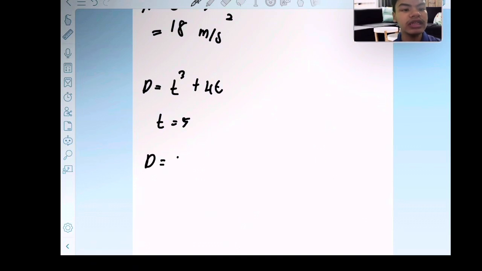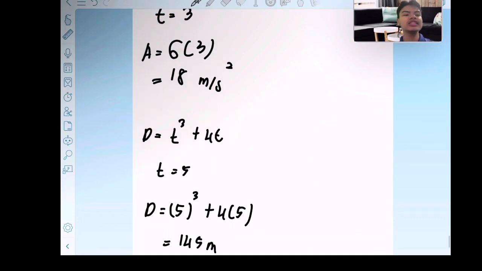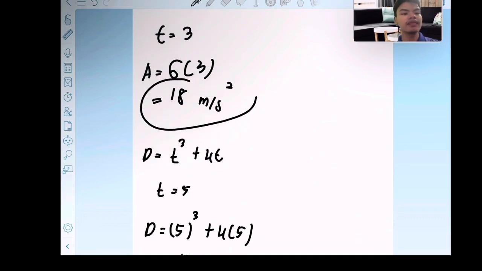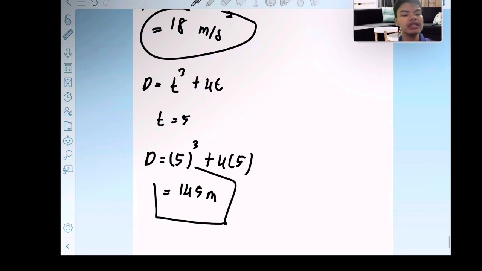So d equals 5 cubed plus 4 times 5, which is 145 meters. So here we can conclude that Shahmi has an acceleration of 18 meters per second squared when his time is 3 seconds, and he got a displacement of 145 meters when the time is 5 seconds.